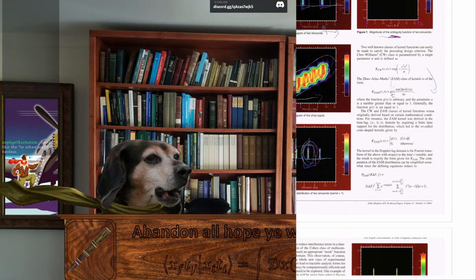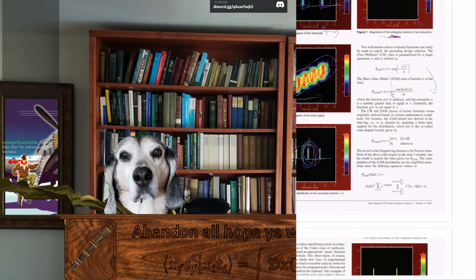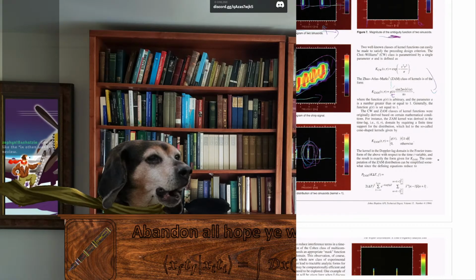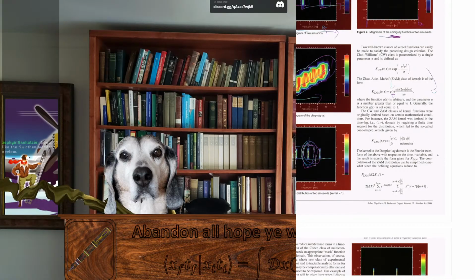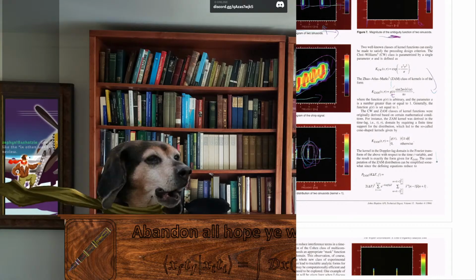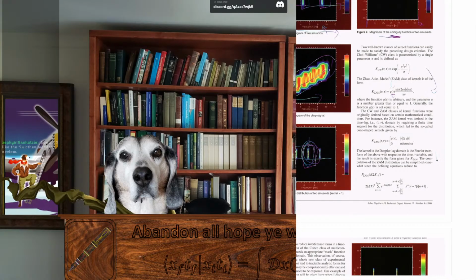For example, the ZAM kernel was defined in the time-lag, i.e., t tau, domain by requiring a finite time support for the distribution, which led to so-called cone-shaped kernels. The kernel in the Doppler lag domain is the Fourier transform of the above with respect to the time t variable, and as a result is exactly the form given for the ZAM kernel. Okay, so what are we talking about here?